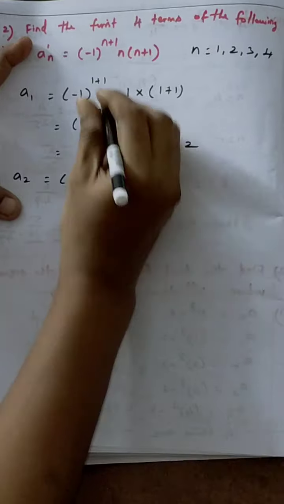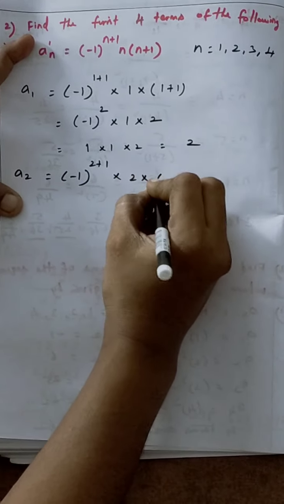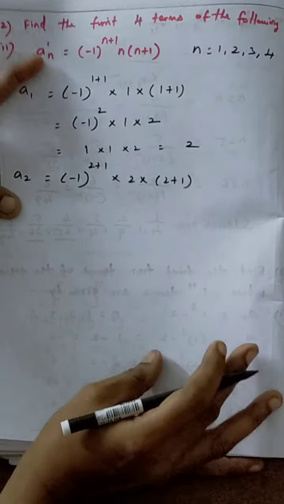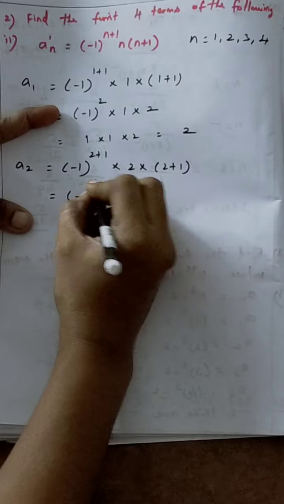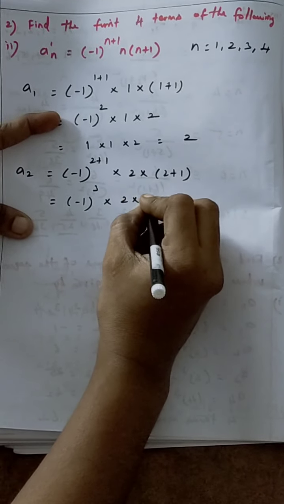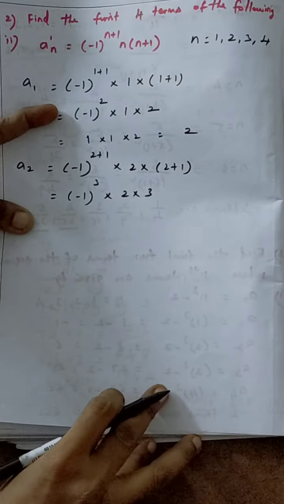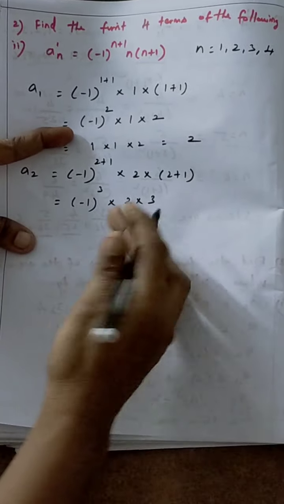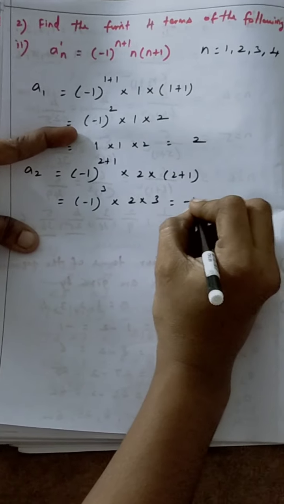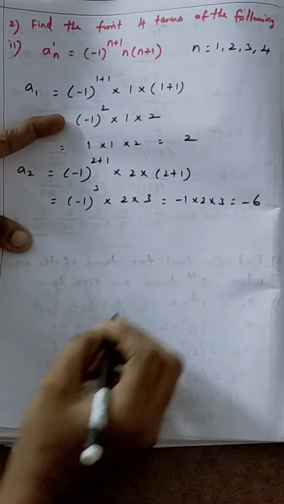So minus 1 power (2 plus 1) into 2 into (2 plus 1). So write minus 1 power 3 into 2 into 3. Minus 1 power 3, the power is an odd number, so the sign is minus only. So write minus 1 into 2 into 3 equal to answer is minus 6.